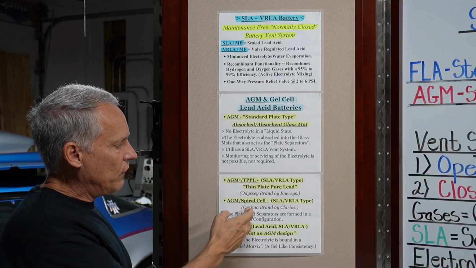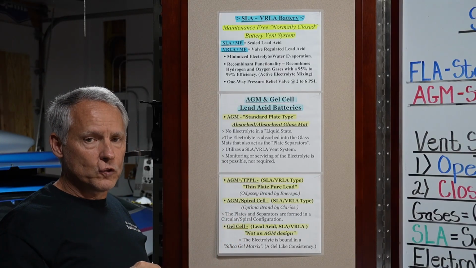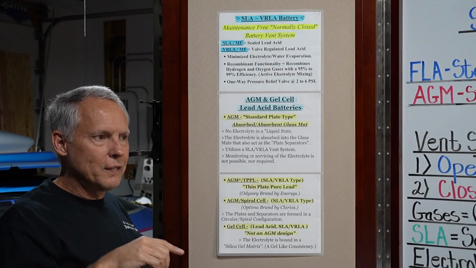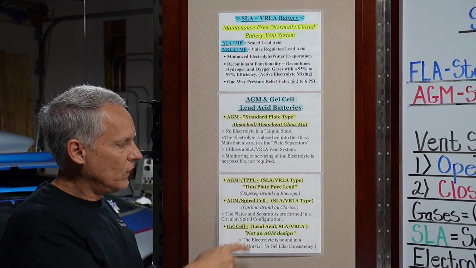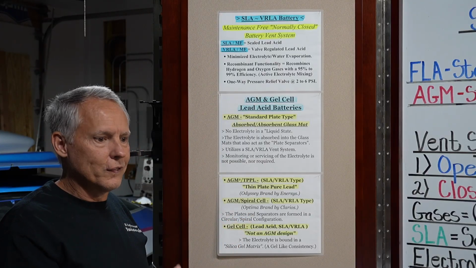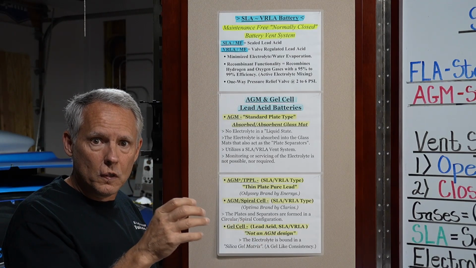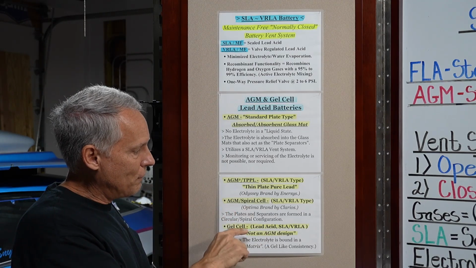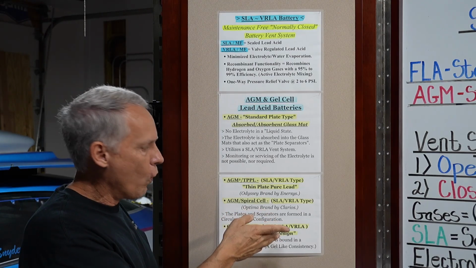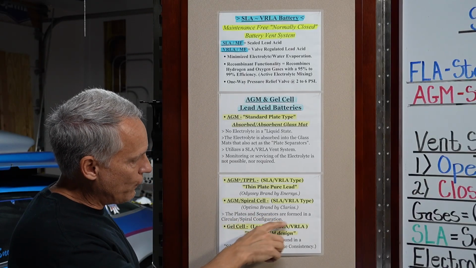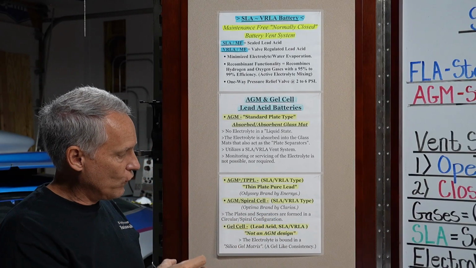I have also found out that Exide is making a battery. It's called their orbital battery, kind of like picture a circular design. Same exact design criteria, circular or a spiral type cell design. That is made by Exide also, and they call it orbital. So the plates and separators are formed in a circular or spiral configuration.